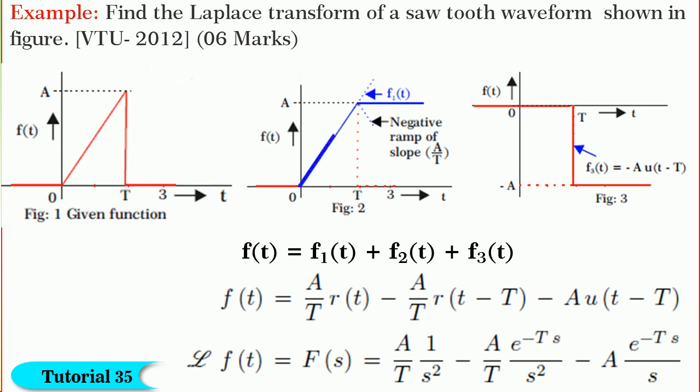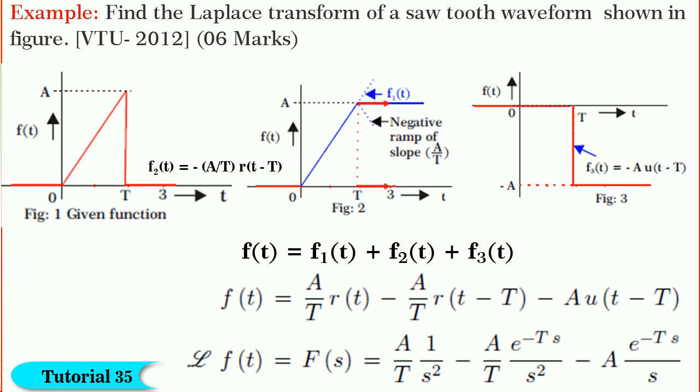So, at time t is equal to T seconds, if we add a negative ramp of the same slope a divided by T, the function takes the horizontal direction as shown in figure 2. Let it be f2 of t is equal to minus a divided by T into r of t minus T.